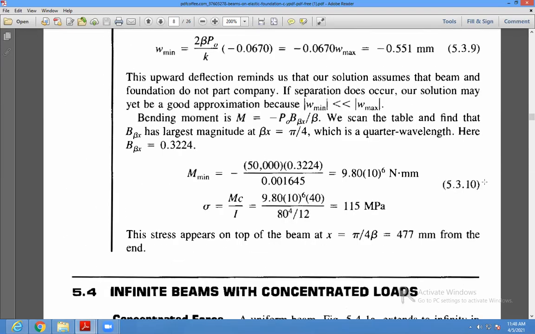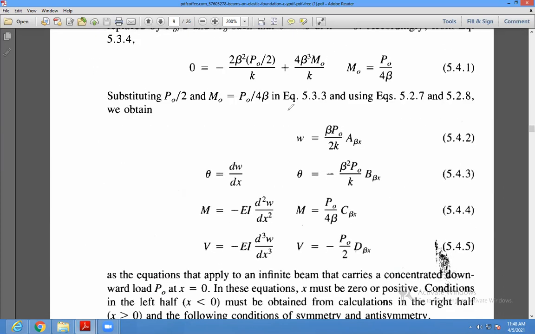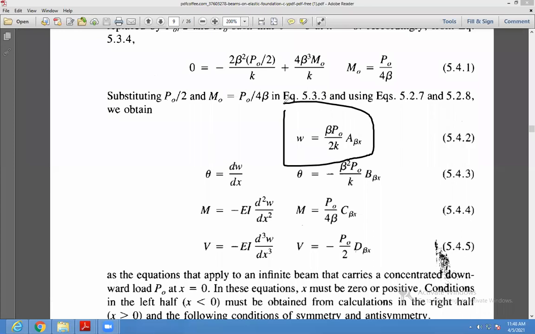By putting the values, we get the deflection W equal to P naught beta by 2k into A beta x. Then theta is the derivative of this with respect to x, so theta is equal to minus beta square P naught by k D beta x.